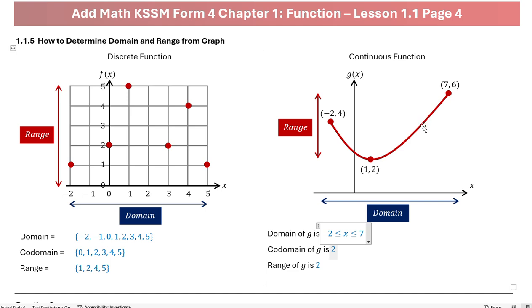Okay, let's go to the codomain, because for continuous function, codomain and range are the same. So, do you have a graph below 2? No. And do you have a graph above 6? As I said, better that you draw the dotted line. Put here 7 and here 6. So the lowest point is 2 and the highest point is 6. So this is how you write.